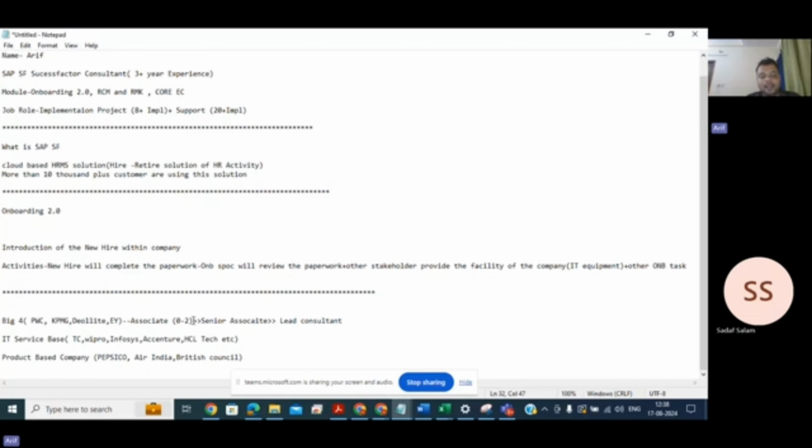And the minimum salary, two years before, they offered me 8 LPA. 8 LPA is a fixed salary, plus there is an annual bonus of 10% minimum.